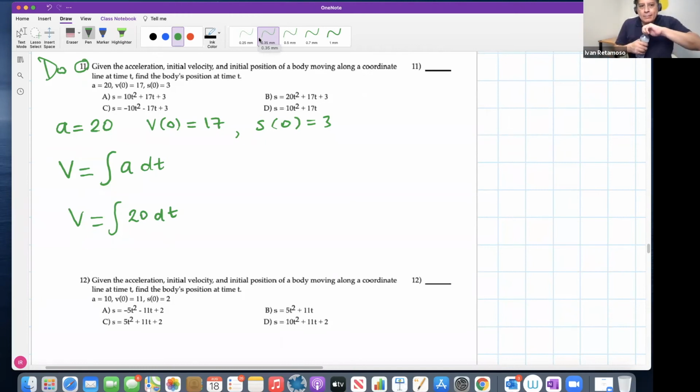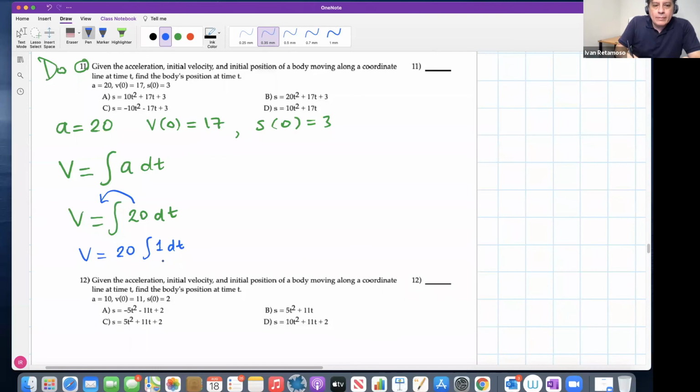we're going to start by taking the antiderivative of the acceleration function, which is 20. That can be done by taking this constant 20 outside of the antiderivative, outside of the integral, right? What is left, Professor? One. The constant function 1 is left, right?